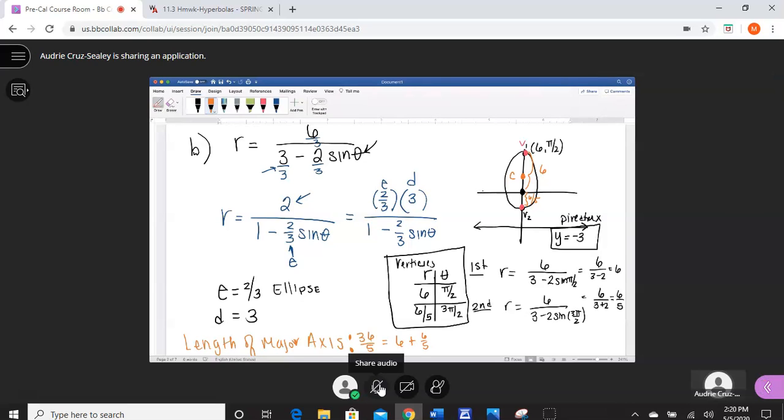Now, 18 over 5 would be half the distance between the two, right? So where is that located? That's A. So then where is the center though? Because it's shifted. Does that make sense? It's not exactly in the middle because it's shifted up. So I agree that A is 18 over 5.